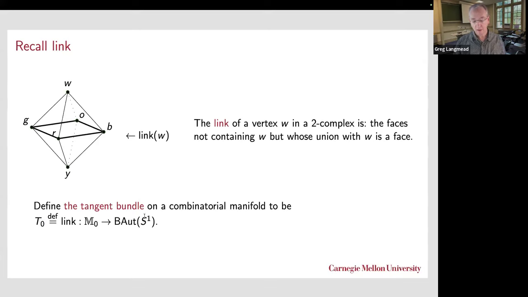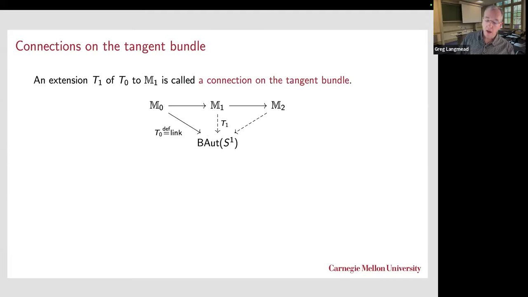And it maps into the space of mere circles, in this case, these squares. So supposedly, what I'm telling you is that if we can extend that to the one skeleton, that would deserve to be called a connection on the tangent bundle, an extension like this, T1.